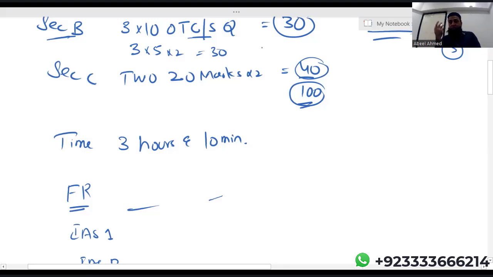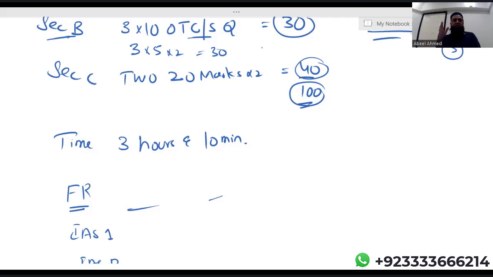One more reason for the failure is lack of practice. Obviously, you're going to give the paper, so you need practice. If you don't go for enough practice, that is going to create the problem. So I've just highlighted the main reasons for the failure. And one more thing, students who are not consistent with their study, that also results in failure.